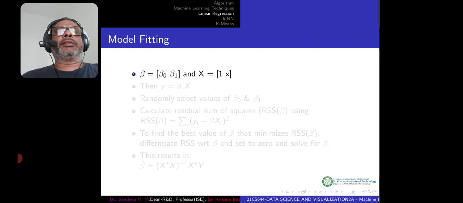So let's represent our whole system in vector form. Let beta be the vector representing the two values, beta naught and beta 1, where x is a vector where small x will be the data input, whereas we need one more term, so we made it 1, so we understand shortly what it means.